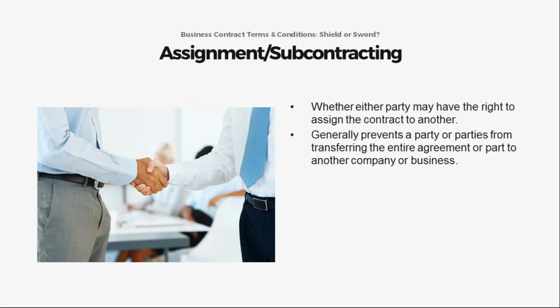I think, you know what, I've got a friend, I'm going to assign this contract to my friend, let him do X, whatever that X is. Well, you may think, wait a minute, I don't want James's friend to do it, I want James to do it. If there's not an assignment clause that prohibits that, I probably have the right to do that. So it generally prevents a party from transferring the agreement from one to another.